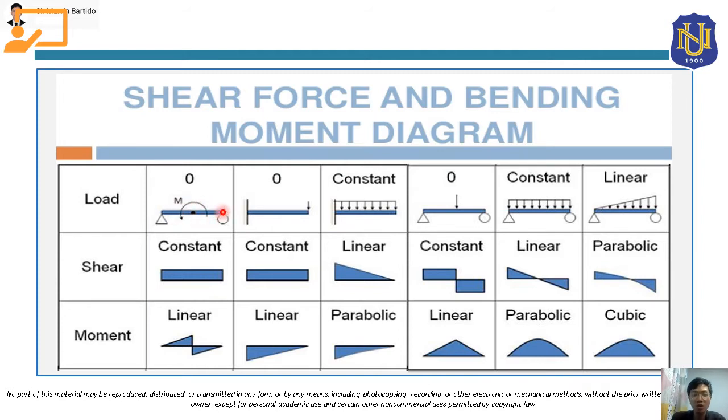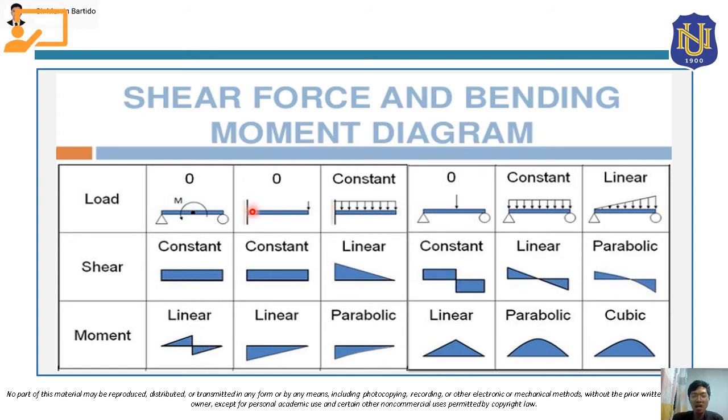If you are going to draw its shear, it will just be like a rectangle. And if you are going to draw its moment, it's just a triangle. There are two triangles here, class.